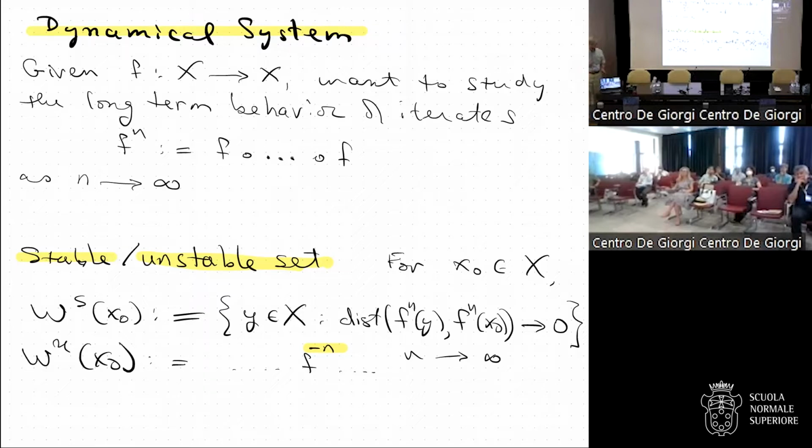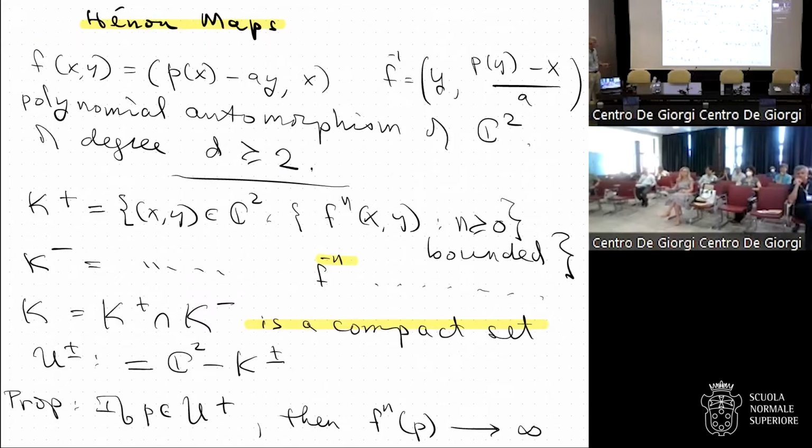So the distance between the two goes to 0. And the unstable set, the word unstable is a little bit grammatically wrong. It's actually a stable set in backward time. So for the unstable set, you're looking at the backward iterates, the stable set for the inverse mapping. So I'm talking about invertible dynamics.